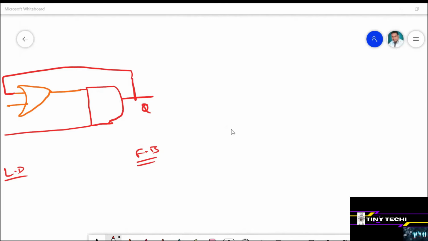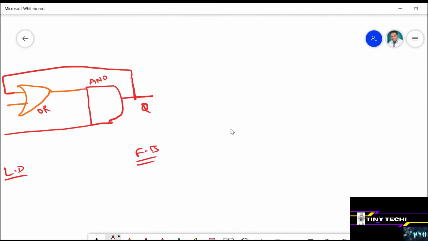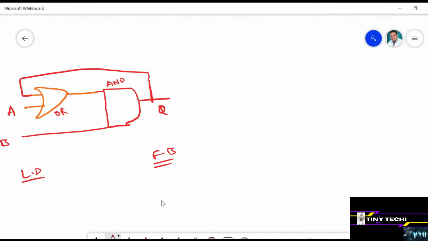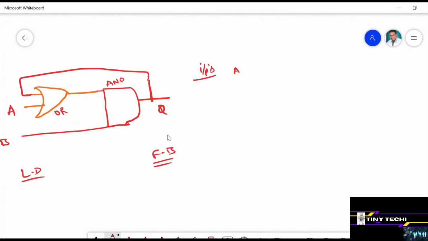In ladder logic, how we implement this: we have two gates here, one is an OR gate and one is an AND gate. The inputs here are A and B, as well as Q, which is also an input. So the inputs are A, B and Q. How many outputs do we have?